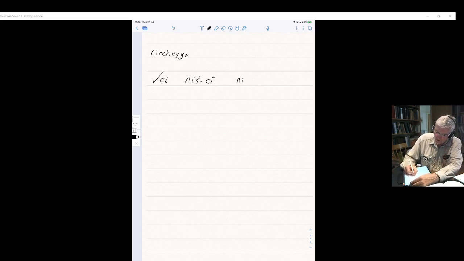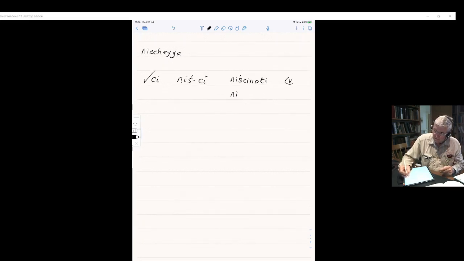In Sanskrit, it's a class 5 verb, so it becomes nishchinoti. And in Pali, as often happens, this Sanskrit class 5 flips over to a class 9. So nichinati, he determines, he decides in Pali.